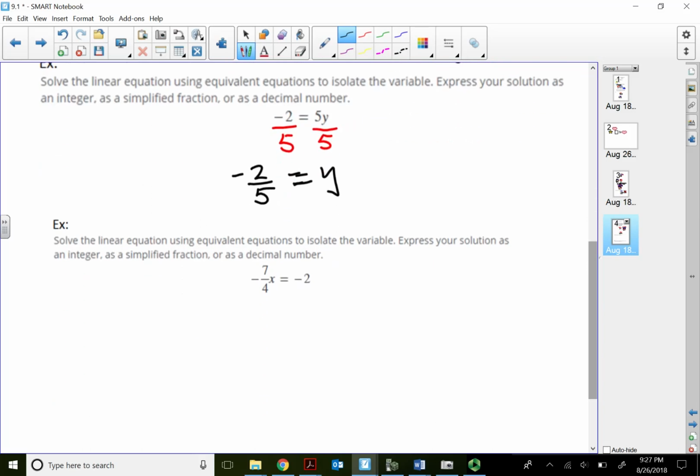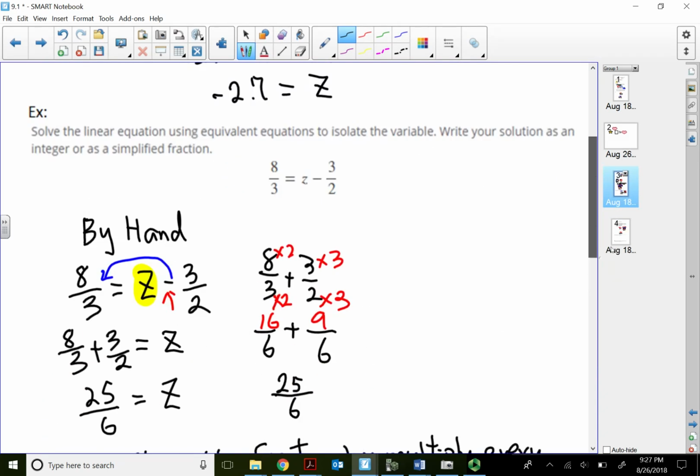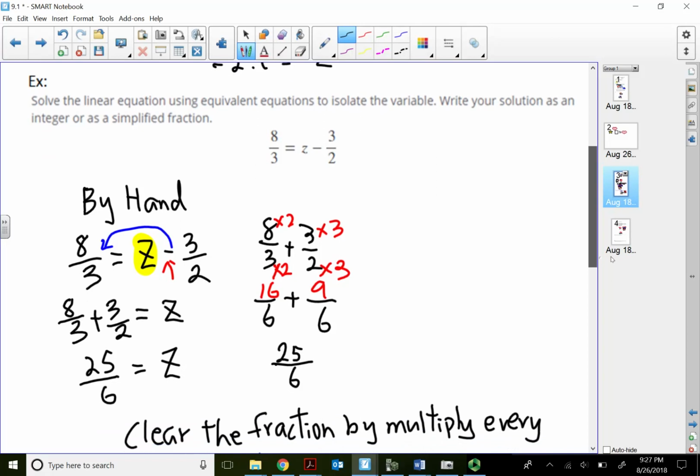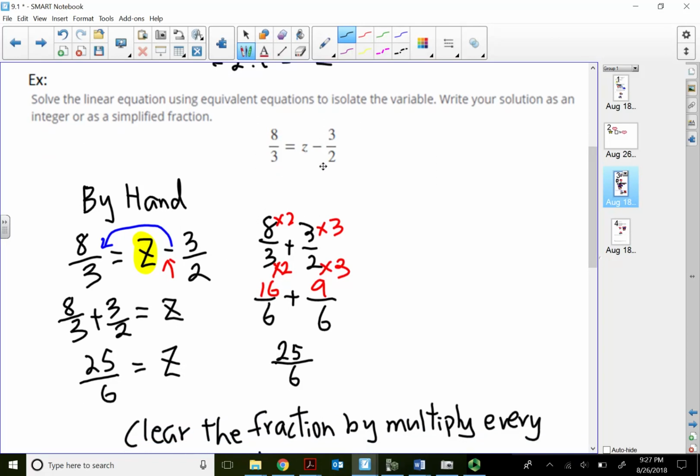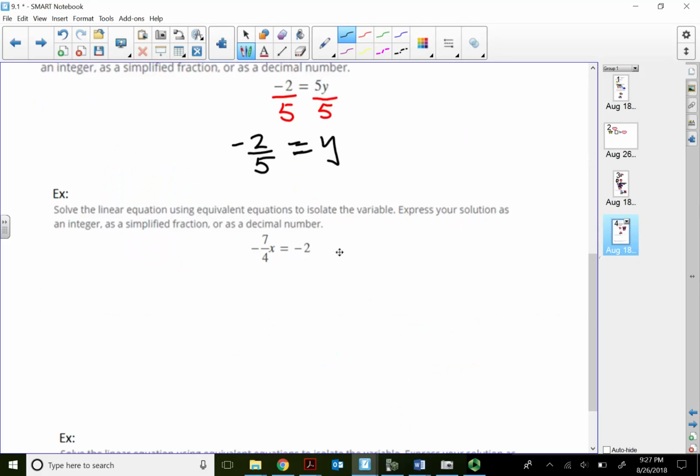All right, when it comes to solving linear equations involving fractions, again, these problems are different than the ones I showed you before, where we clear the fraction or where we work with the fraction. Those problems had three terms. Now the one I'm working on right now only has two terms.